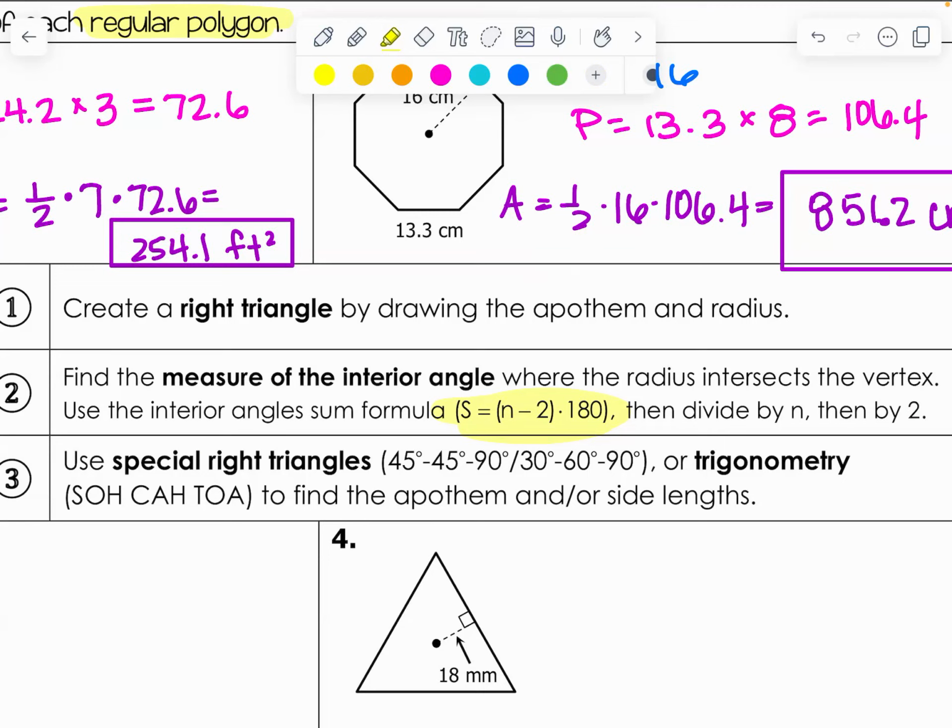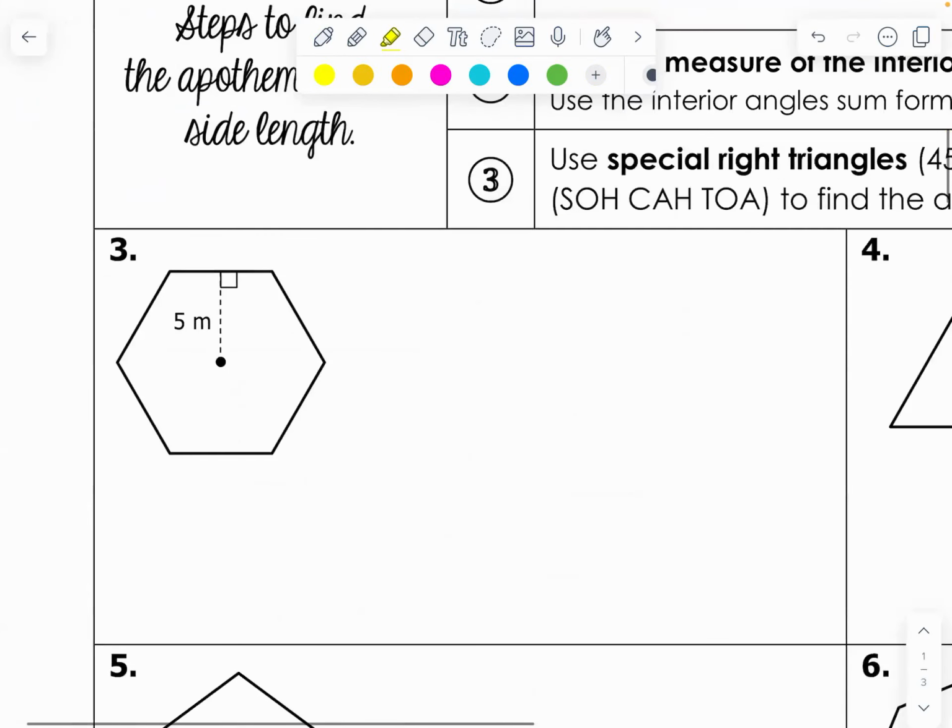In our warm up, we went through a couple special right triangles and one trigonometry SOHCAHTOA problem. You might have to use that. There are oftentimes going to be multiple calculations before we have the apothem and the perimeter. So let's look at this first one.